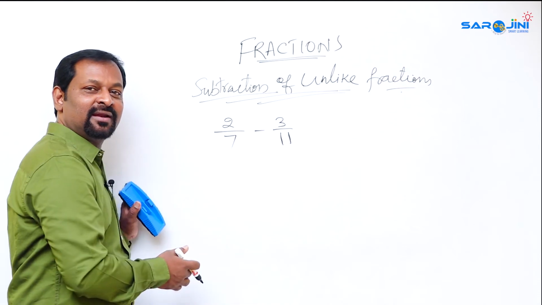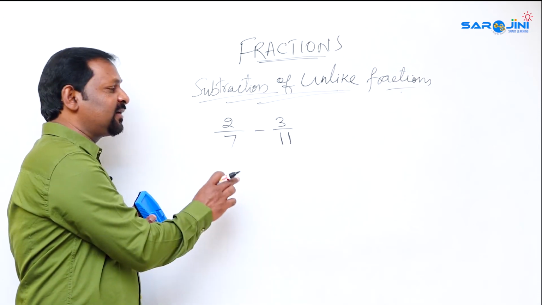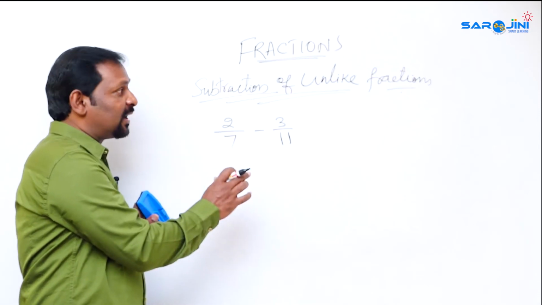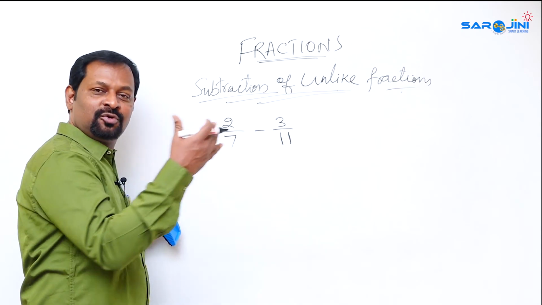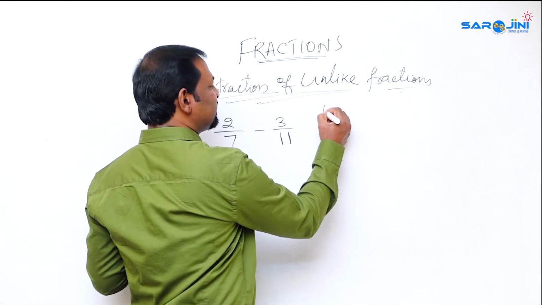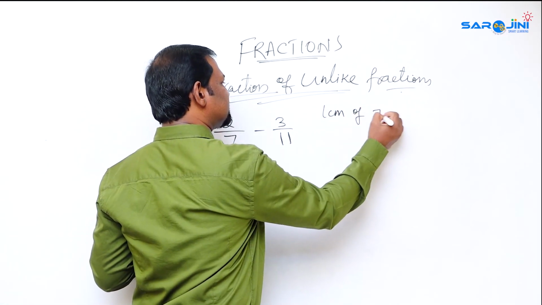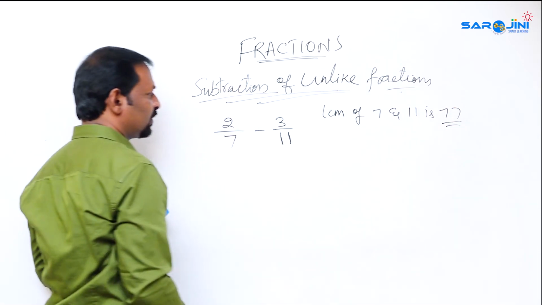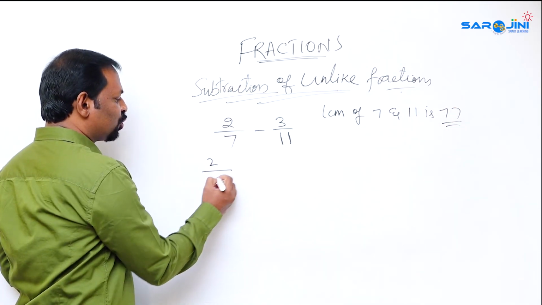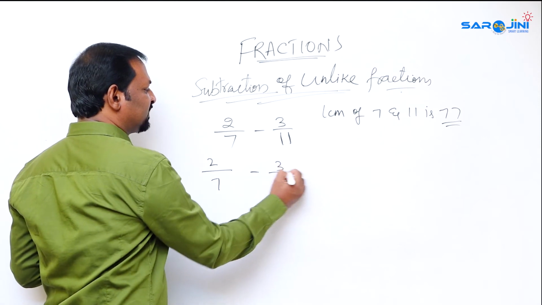That will become unlike fractions. So converting the unlike fractions to like fractions means doing it with the LCM method. Now the LCM of 7 and 11 is 77 directly. So the first part 2 by 7 minus the second part 3 by 11.